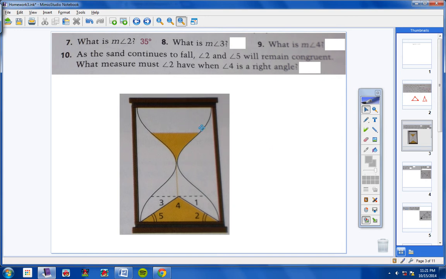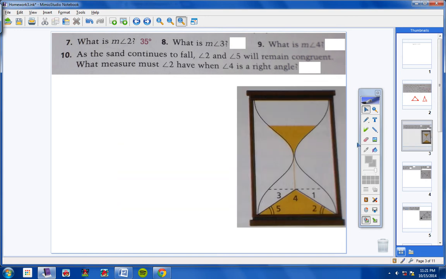What is the measure of angle 3? Let's think this through. If I know angle 1 here is 35, I know this is 35, and I know this angle here is 35.